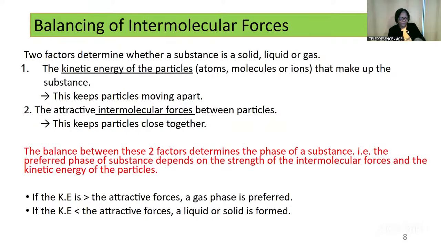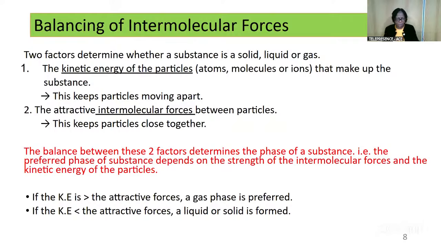The second factor we need to consider is the fact that the attractive forces that hold the particles together also play their role, which means that the intermolecular forces serve as attractive forces between the particles, while the kinetic energy has the potential to keep the molecules far apart.